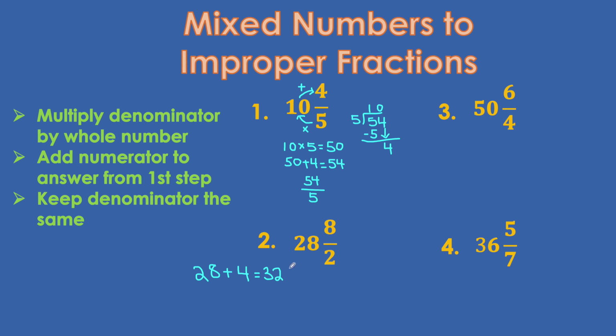Now, if we did it the way we usually do it, we would multiply the denominator by the whole number, which would be 28 times 2. 8 times 2 is 16, carry the 1. 2 times 2 is 4, plus 1 is 5.